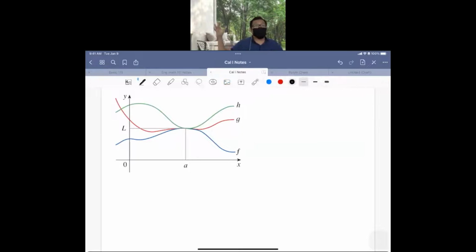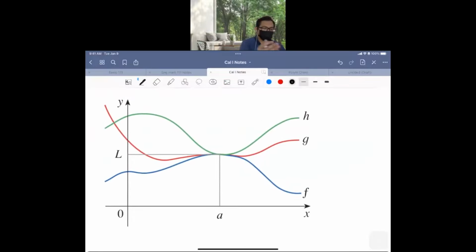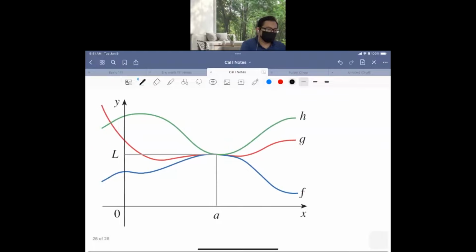Let's say we have this random function, the green, red, and blue, f, g, h. From this general overview, let's say we take the interval from 0 to the positive interval.